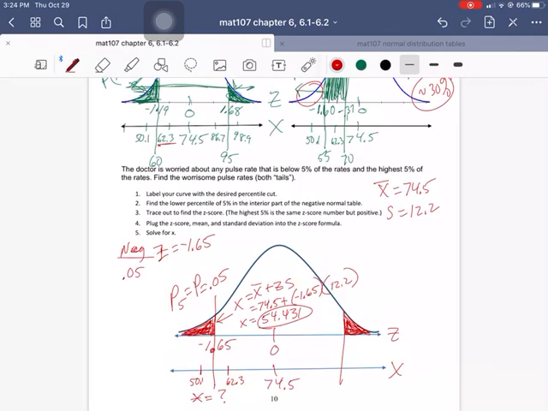54.431, okay? The z-score up on this end has to match it because it's the same percentage away, so 1.65 positive, all right? So x equals 74.5 plus positive 1.65 times 12.2. What do we expect? Well, look at these numbers. There is 1 standard deviation, 2 standard deviations.